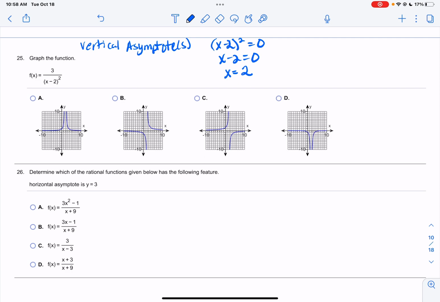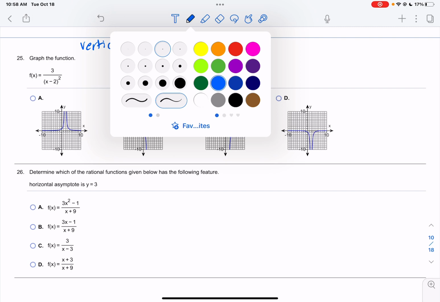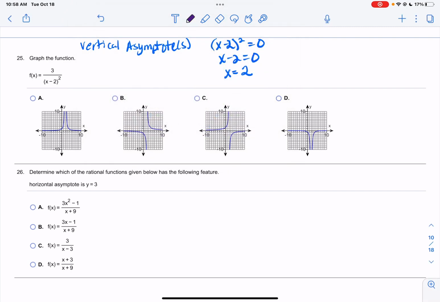The horizontal asymptotes depend on whether your function is bottom heavy, top heavy, or balanced. What I mean by that is that the horizontal asymptotes depend on the degree of the numerator and the degree of the denominator. And the degree is the greatest exponent of the variable.